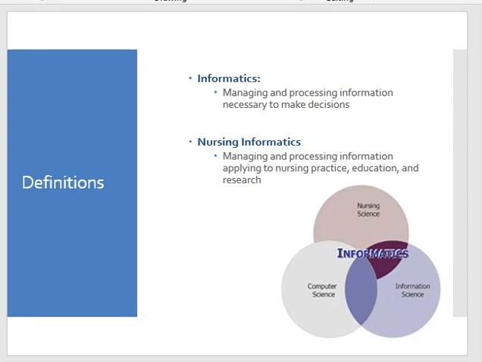Informatics has been defined as managing and processing information necessary to make decisions. The American Nurses Association defined nursing informatics first in 2008 as a specialty that integrates the three components in the picture: nursing science, computer science, and information science, to manage and communicate data, information, and knowledge in nursing practice.